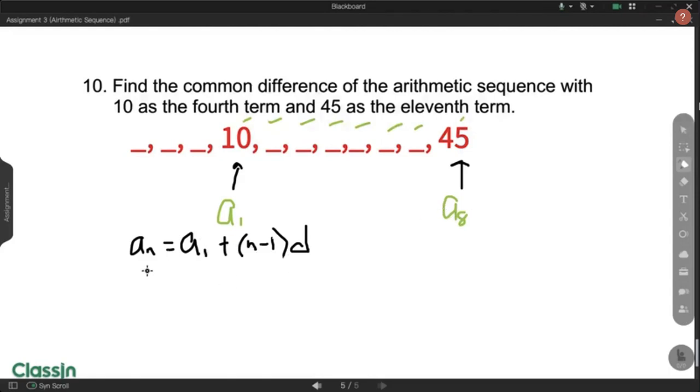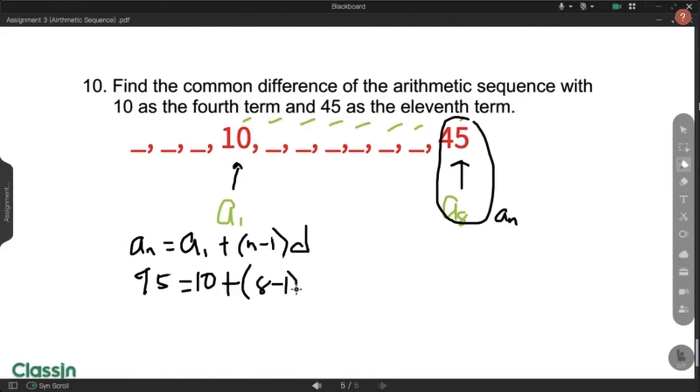A sub n, that's your last term, 45. A sub 1 is 10, plus, there are 8 terms here, 1, 2, 3, 4, 5, 6, 7, 8. Minus 1 times, you multiply 8 minus 1 by d.